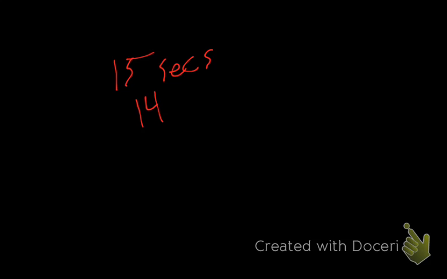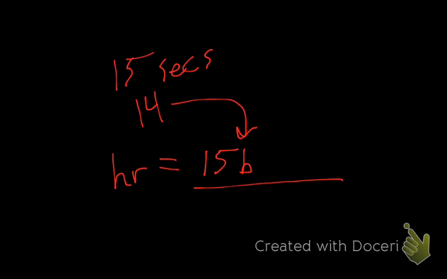Now, your total heart rate, I'm going to make an expression here, or an equation I should call it, but this side is going to be the expression for your heart rate. It would be the number of beats in 15 seconds, so 15 times the number of beats that you counted, 14.